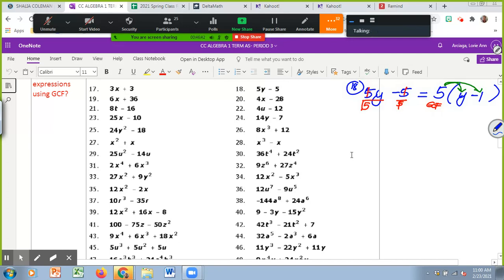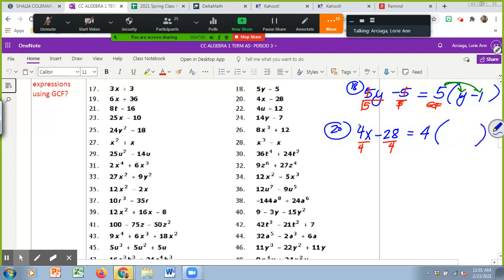Okay, let's try again. Number 20: 4x minus 28. What can divide 4x and 28? Meaning, what's the GCF of 4 and 28? 4, okay. So now you write down your GCF and then put the other factors in parentheses.